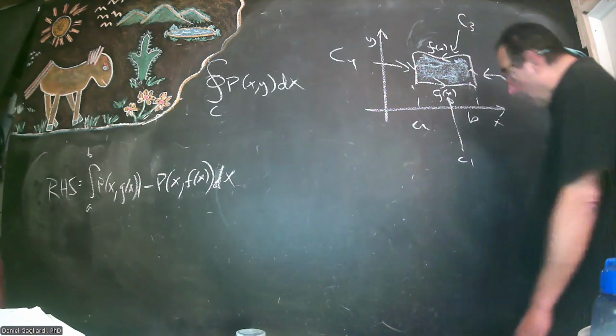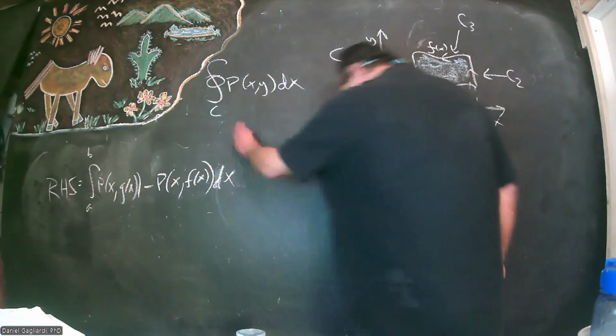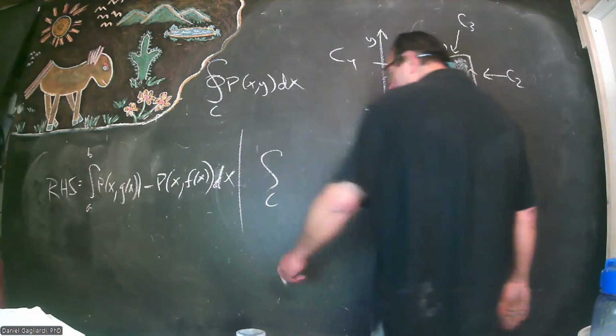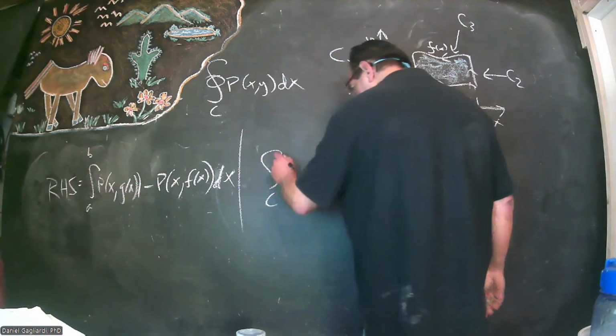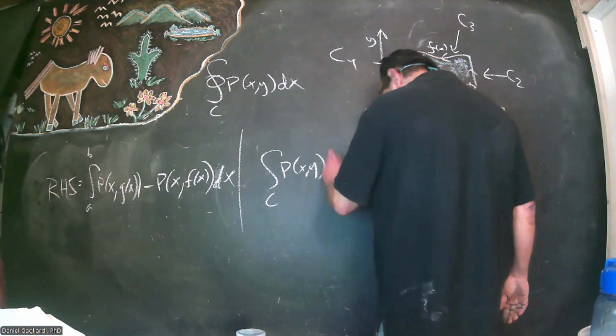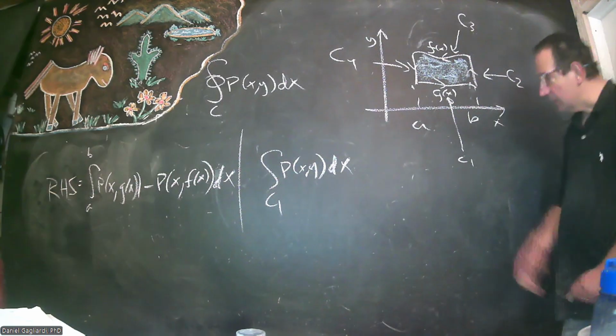So let's look at the integral on C1, and then we'll keep score someplace. So we have the integral on C1, no more circle, and then we just have P of x, y, dx, and that's going to be C1.